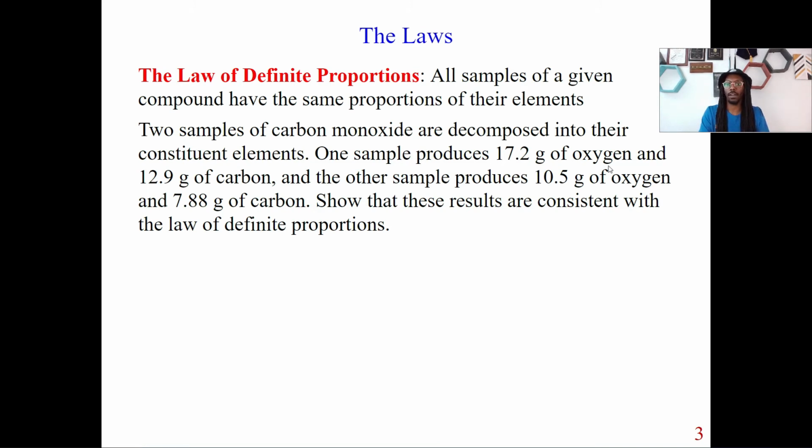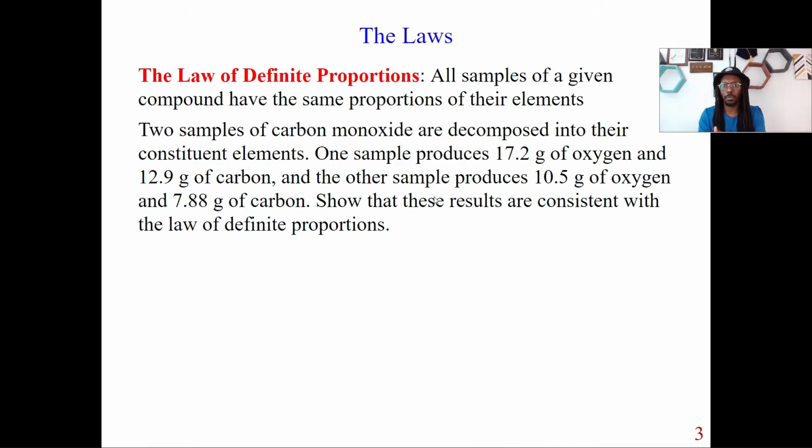So one sample is going to give me 17.2 grams of oxygen and 12.9 grams of carbon. This is the first one, and remember, we have carbon monoxide decomposing to give me oxygen and carbon.